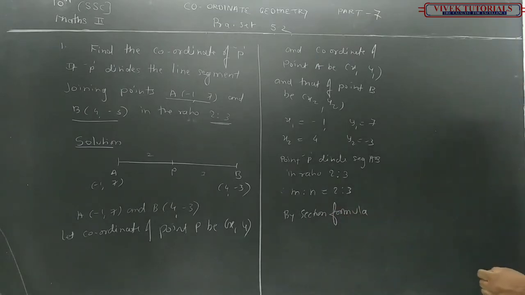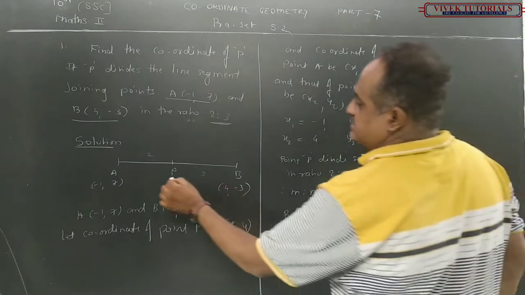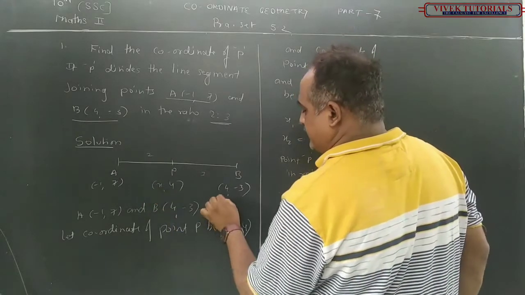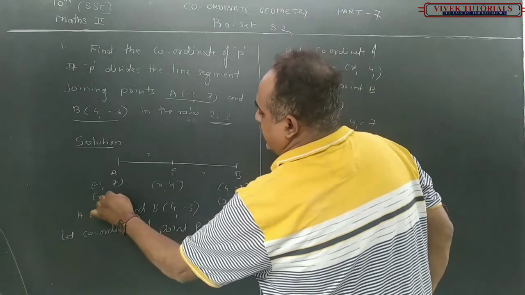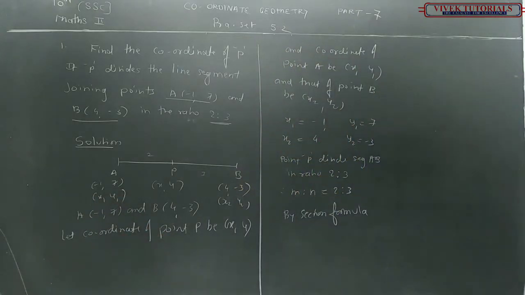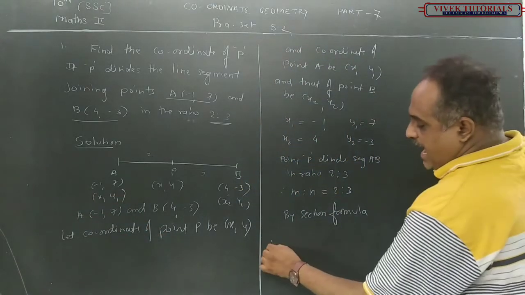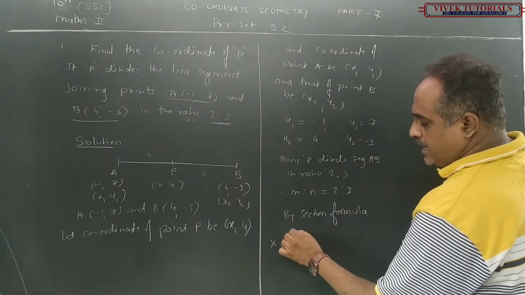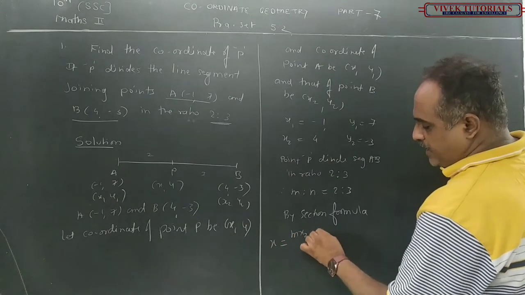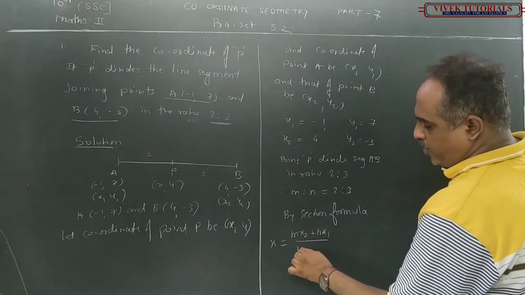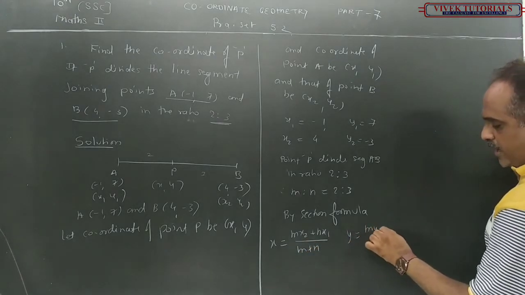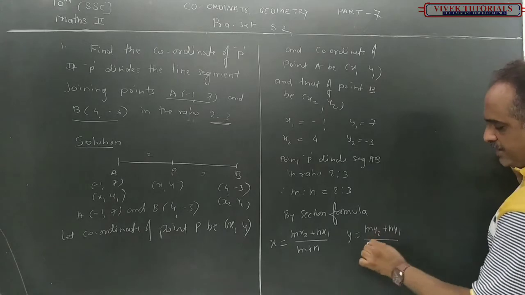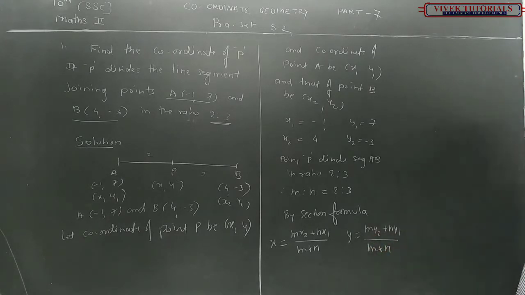By the section formula, this is x, y, this is x2, y2, this one is x1, y1. By the section formula, x is equal to (mx2 plus nx1) upon (m plus n) and y is equal to (my2 plus ny1) upon (m plus n).